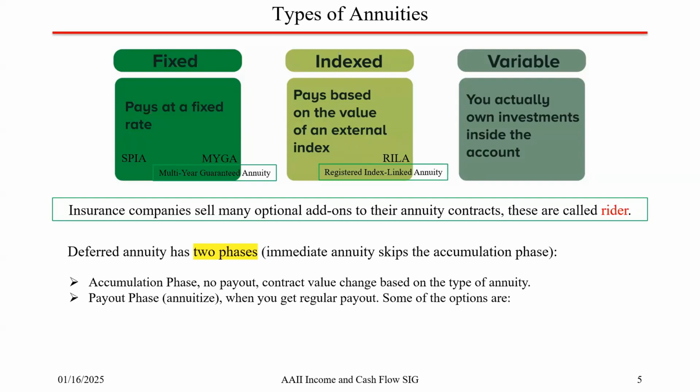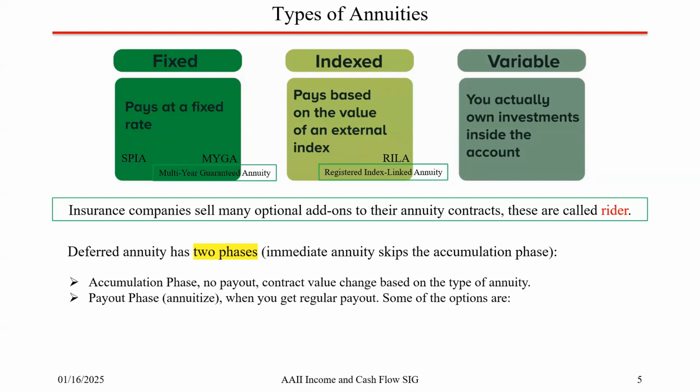The payout phase is the immediate annuity kind of thing, or any annuity when you start taking monthly fixed money from the insurance company. In other words, it's called annuitize, when you get regular payments.